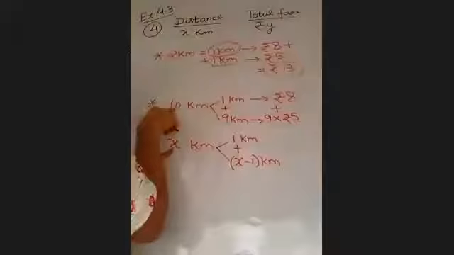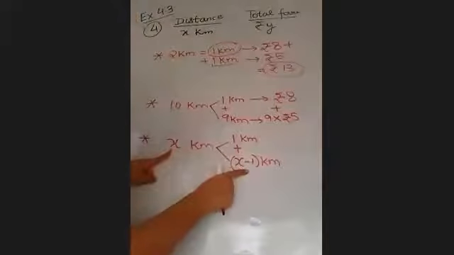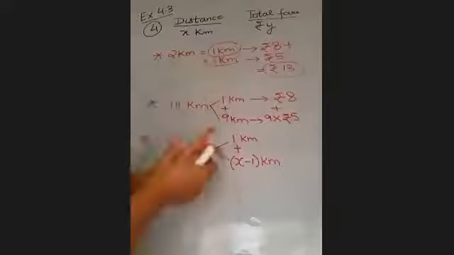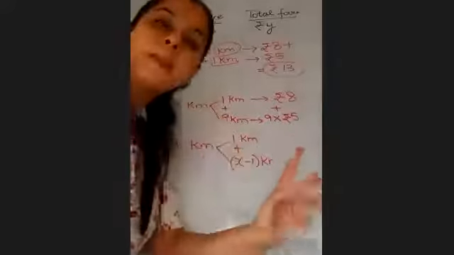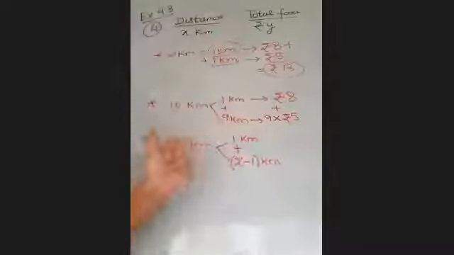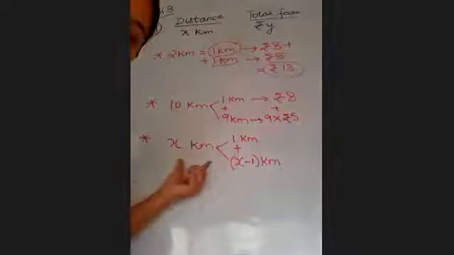Suppose X is 10, 10 minus 1 is 9. Suppose X is 2, then 2 minus 1 is 1. If it is 5, then 5 minus 1 is 4. Are you getting my point, children?